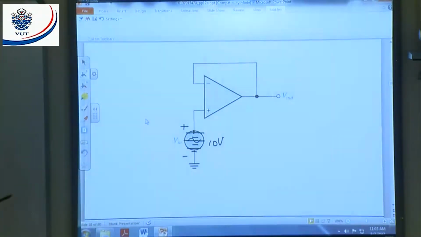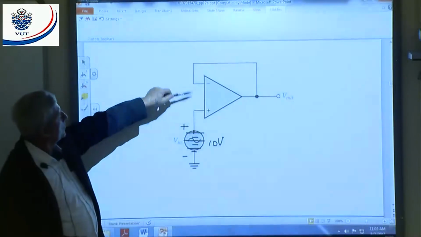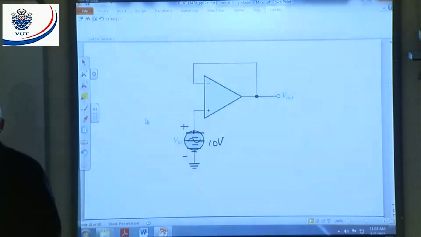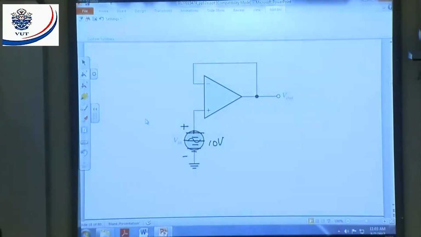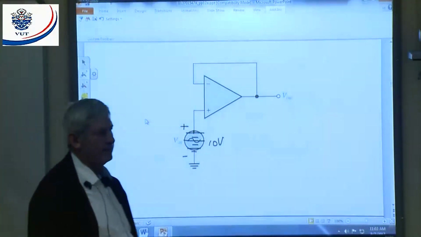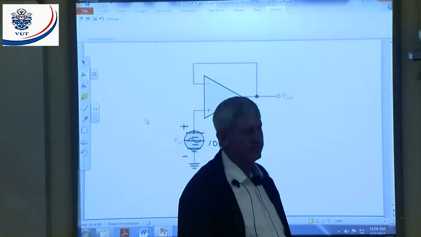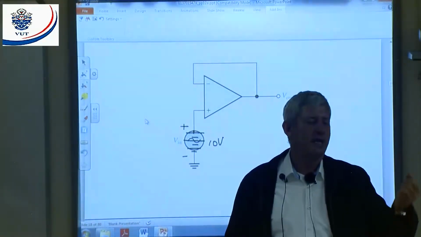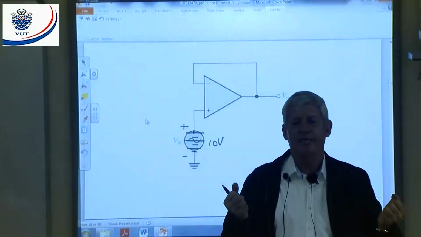You know what's 0? No voltage difference. Now, if I apply plus 10 here, to make this voltage difference 0, what should the voltage be? Minus 10? Do you agree, everybody? I don't agree. I didn't ask you to add them together.